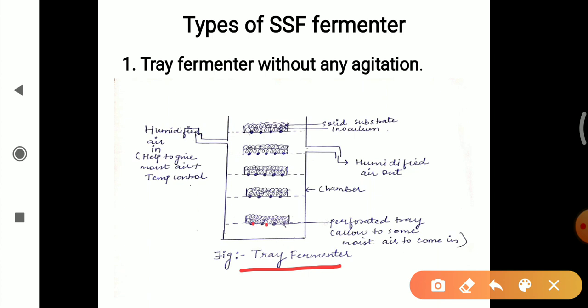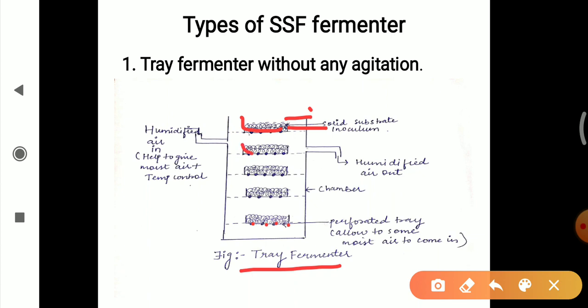These trays are sterilized and filled with a layer of solid substrate, and it is mixed with inoculum. Inoculum means culture is also added into the tray.